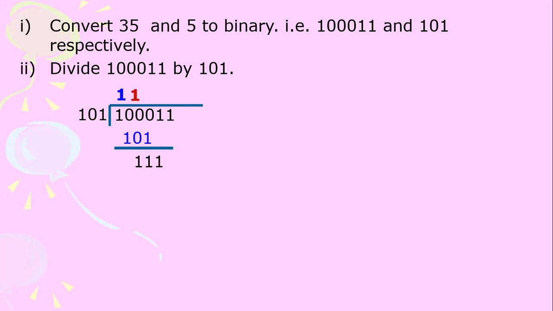Then we go 1. 1 times 1, 0, 1 is 1, 0, 1. So we write 1, 0, 1 there. And then we subtract. When we subtract, we get 0, 1. So we drop down the other 1 from up there. We get 1, 0, 1.